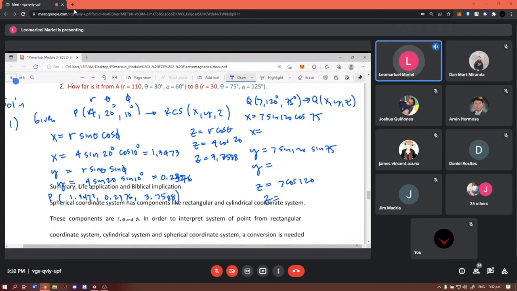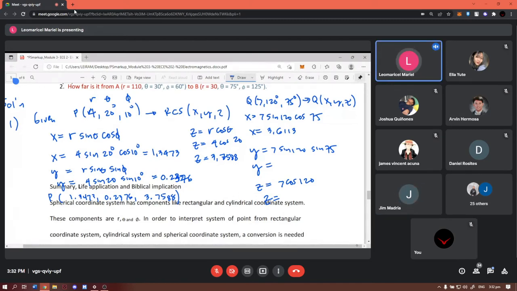So ano yung X natin sa Q? Okay, how about your 7 sine 120 cosine 75? Sir, bakit po yung sa X ko po 1.569? Okay, tingnan nyo mabuti, your calculator must be in degree mode.